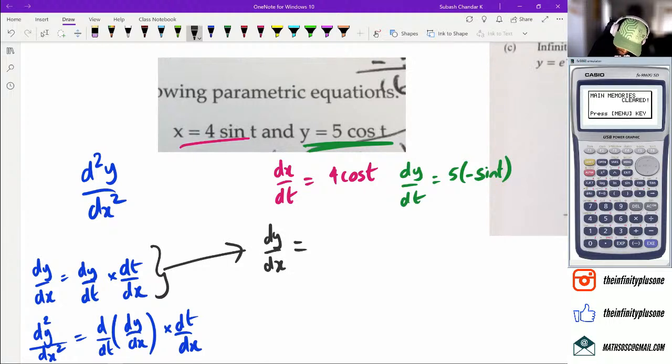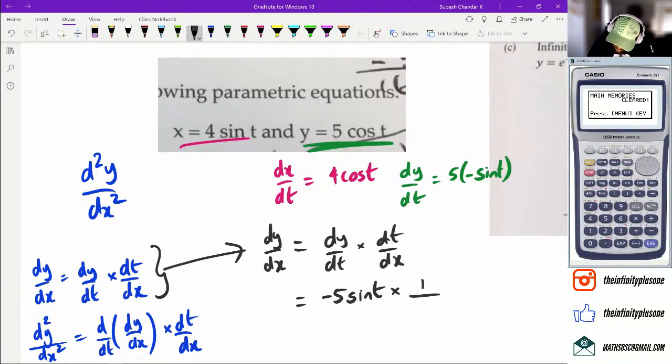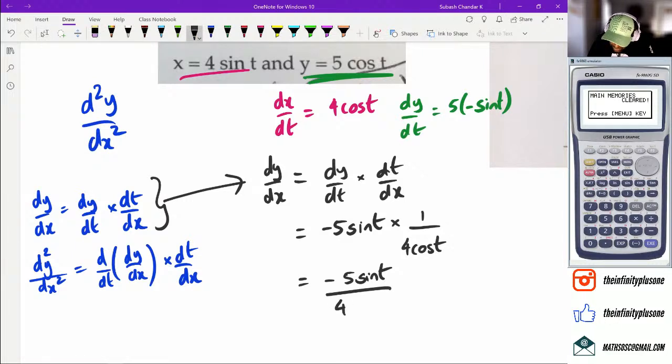So dy dx is equal to dy dt times dt dx. I'm going to get negative 5 sine t times 1 over 4 cos t. Once we have that, we're going to rewrite this as negative 5 sine t over 4 cos t.